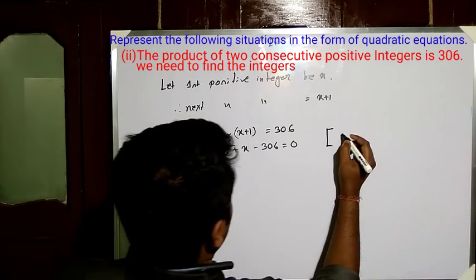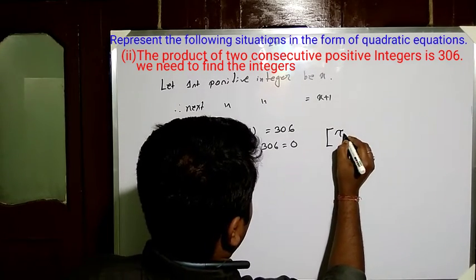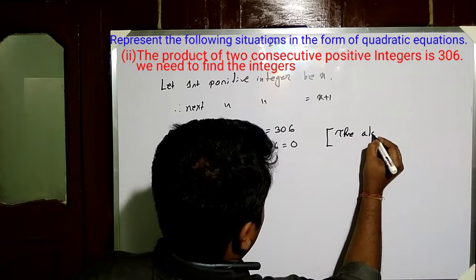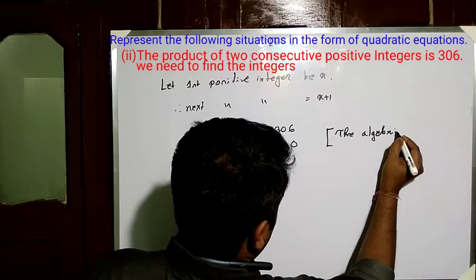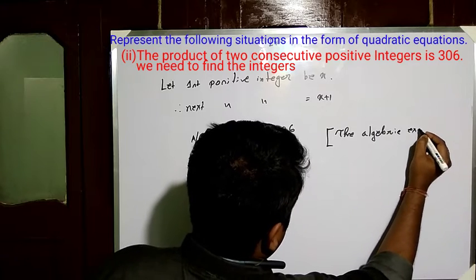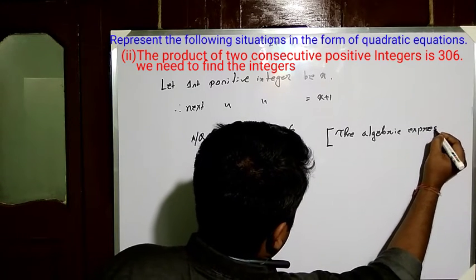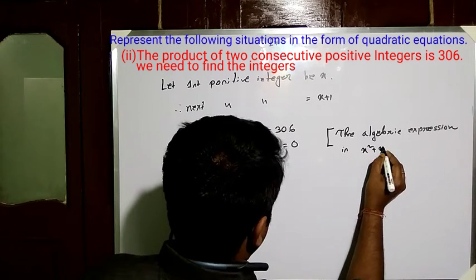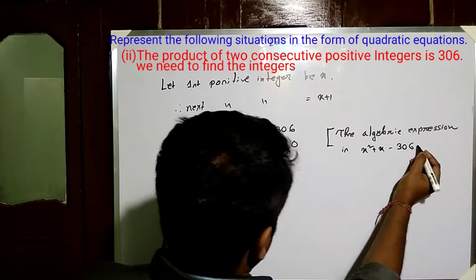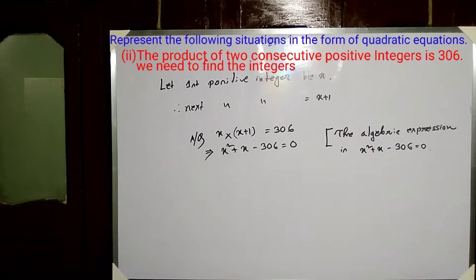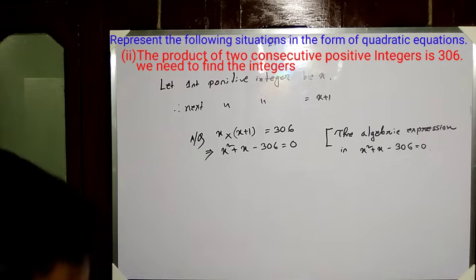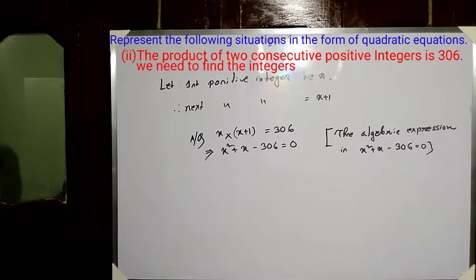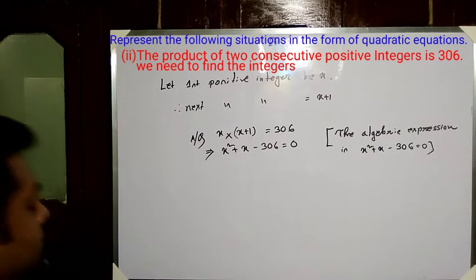So you can write the algebraic expression is x square plus x minus 306 equals 0. We will solve this one.